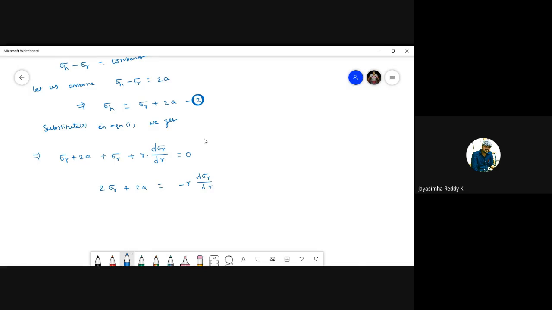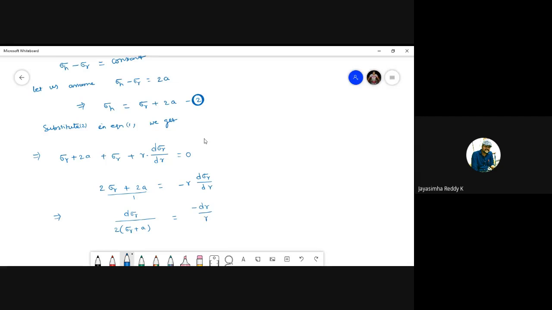Is it okay? Let me take this to the opposite sides. So this can be rewritten, students, as d sigma r by 2 into sigma r plus a; cross multiplying, we get minus dr by r.